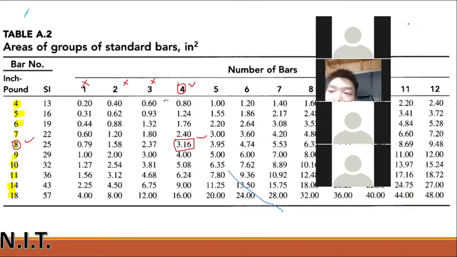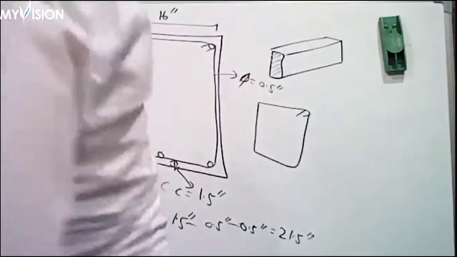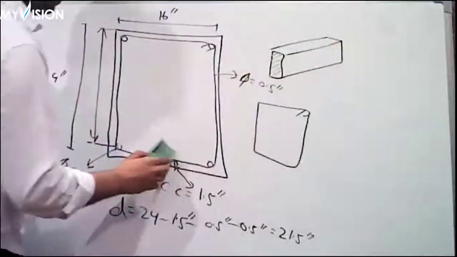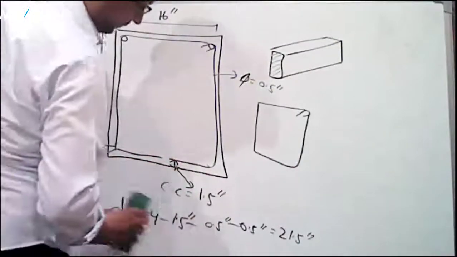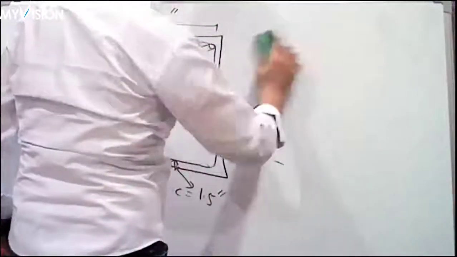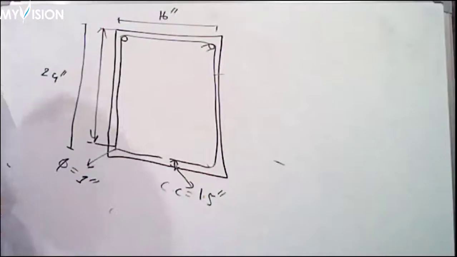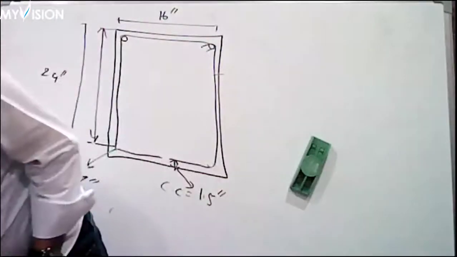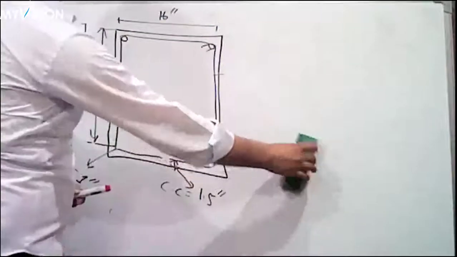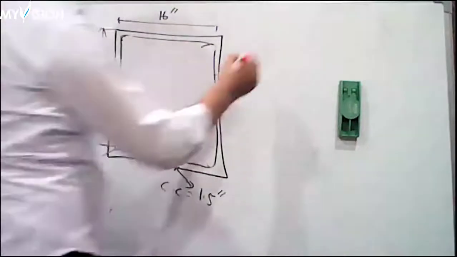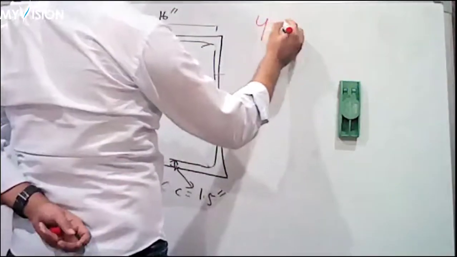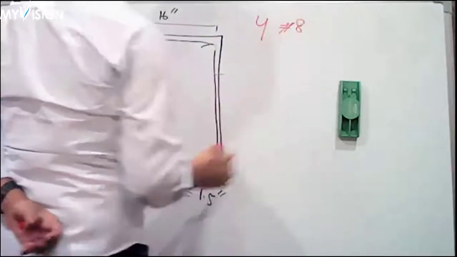So let me draw the cross section of the beam. See on the board, all of you, please see. I have calculated that I need to provide 4 number 8 bars.